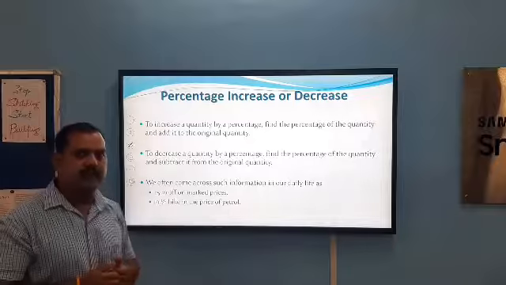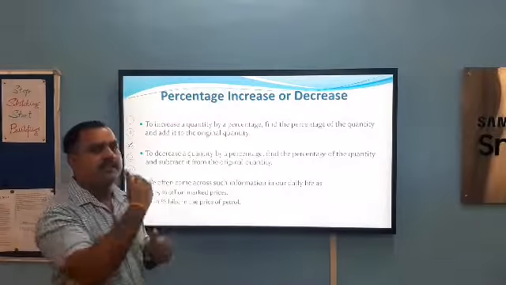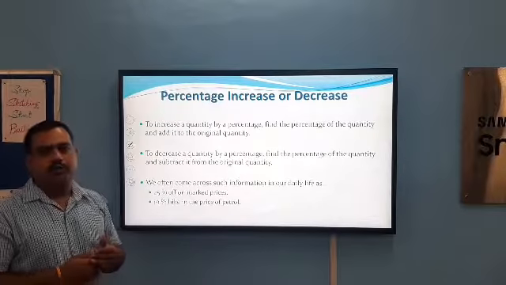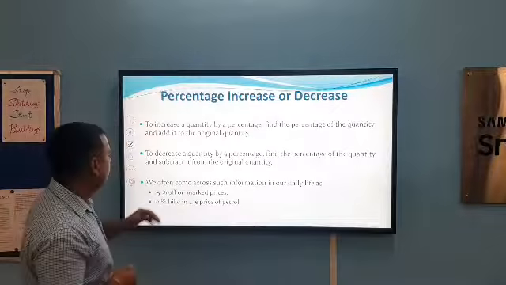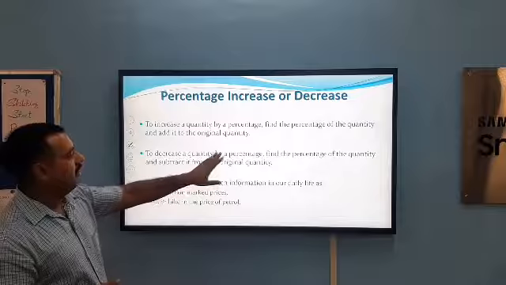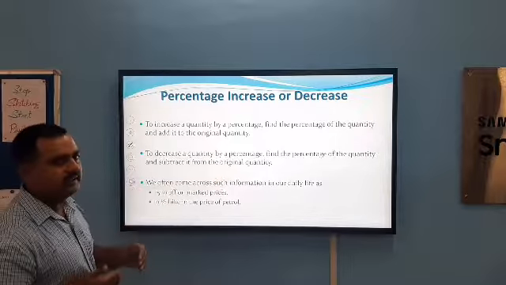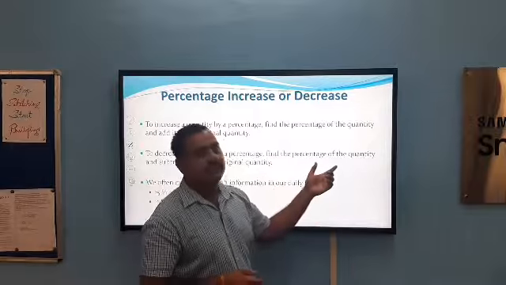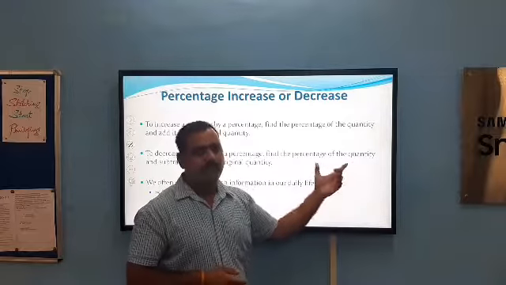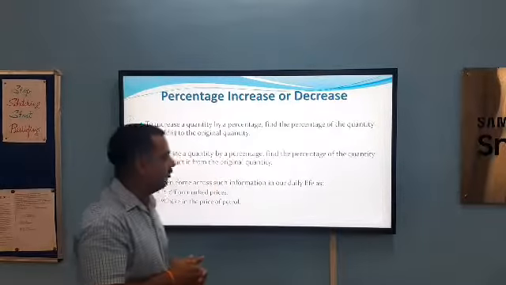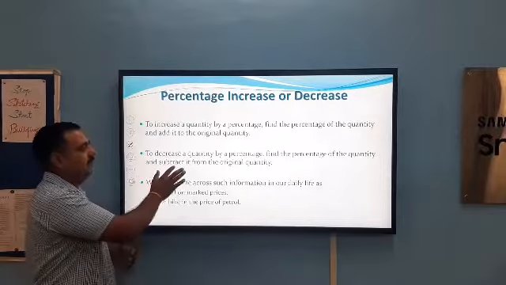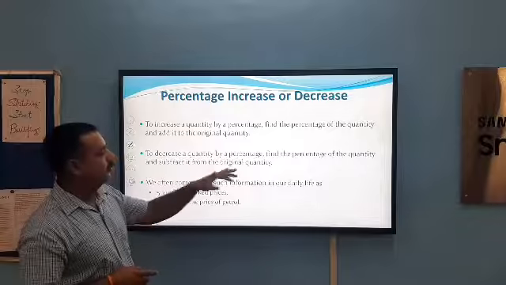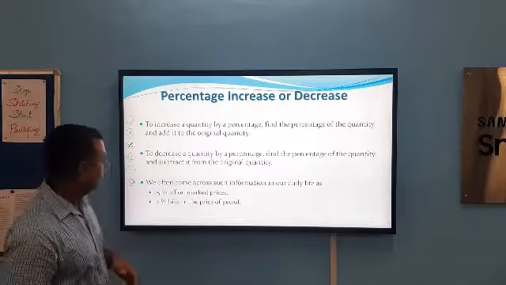First we find the percentage of the quantity, how much percent we want to increase, and then add that amount to the original quantity. To decrease a quantity by a percentage, find the percentage of the quantity first and subtract it from the original quantity.